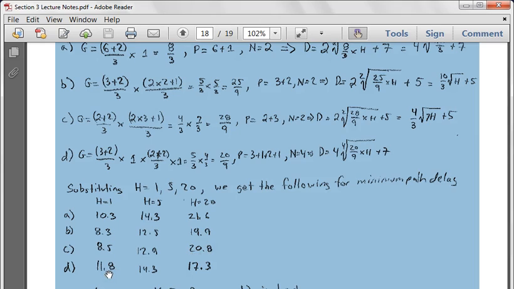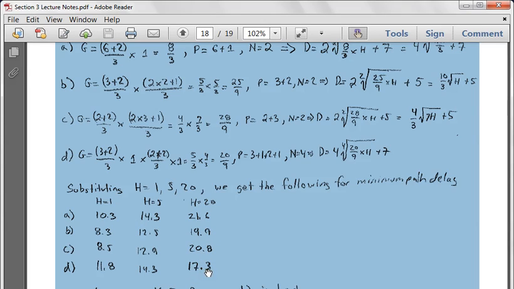Here for D, which is our 4-stage, 11.8 is very high if it's driving one bit slice. Then 14.3, it ties A now. So it was below A, and now it's tied with A, but it's still above B and C. Now we get up to h equals 20, and now we're down to 17.3.